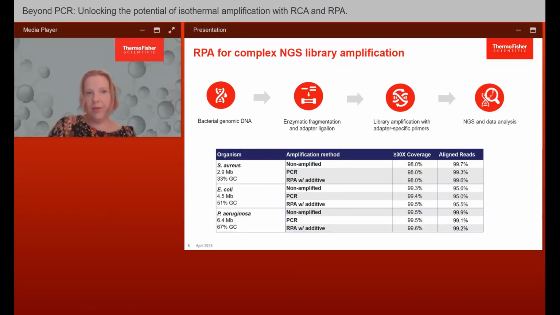As you can see from the table, in all cases, we got more than 98% of the bases with more than 30 times coverage. We also had good percentages of aligned reads.